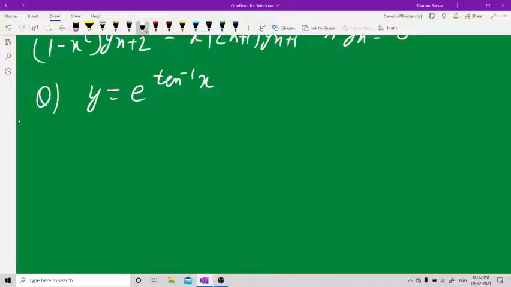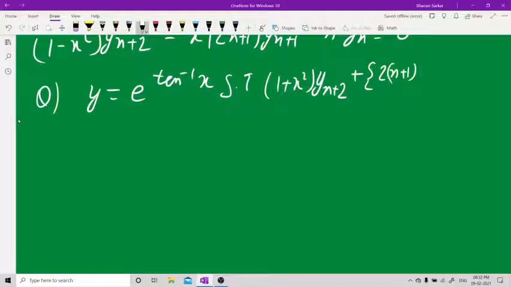Then we need to show that 1 plus x squared y_(n+2) plus 2 bracket 2n plus 1 x minus 1 y_n plus n into n plus 1 y equal to 0. This is the thing I want to prove.